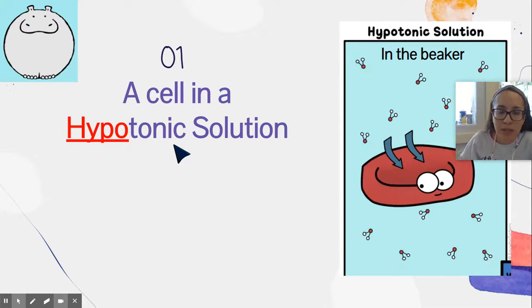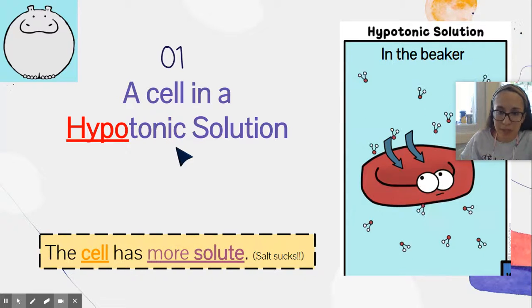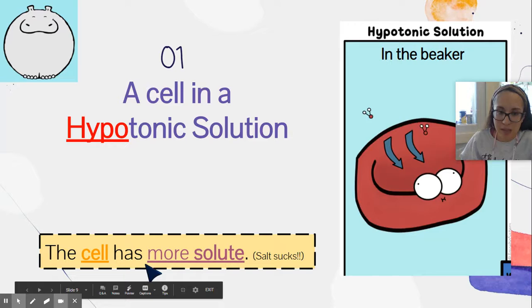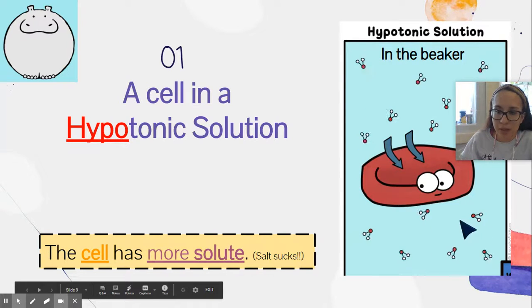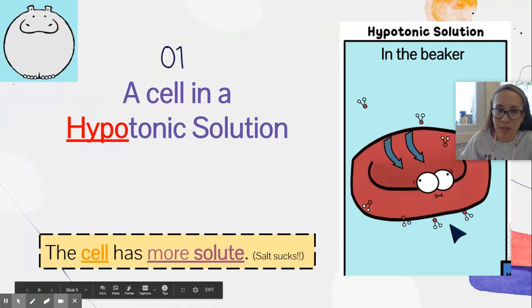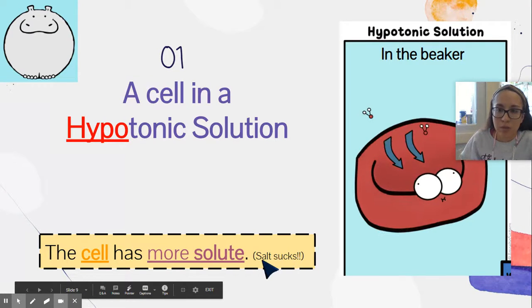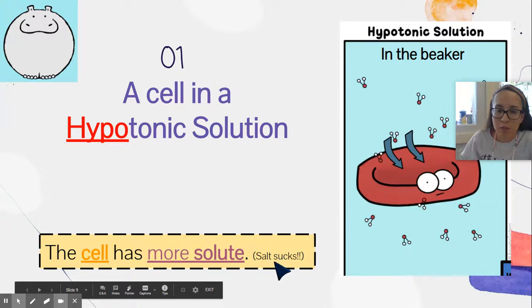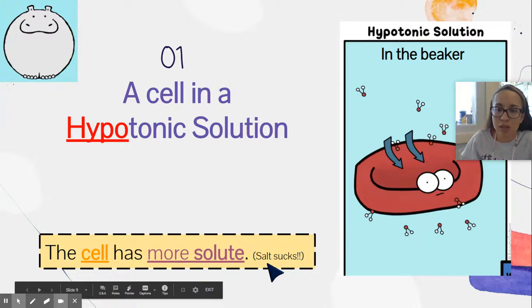So hypotonic solution. If the cell's getting big and big and big like a hippo, that's because the cell has more solute. The outside of the cell has less solute. So one way students remember where water moves is remembering this phrase, salt sucks. Salt sucks up water.